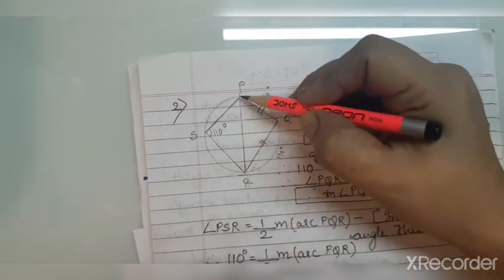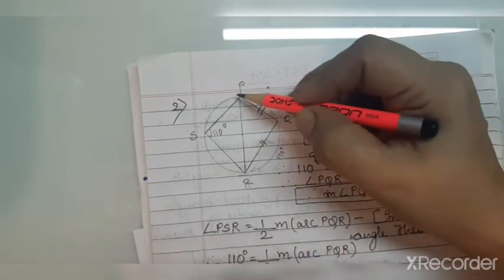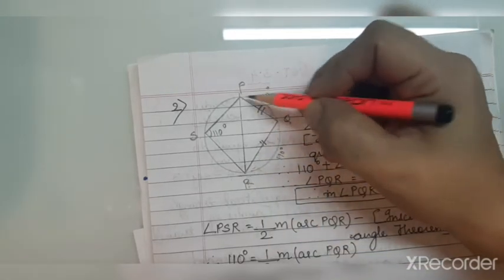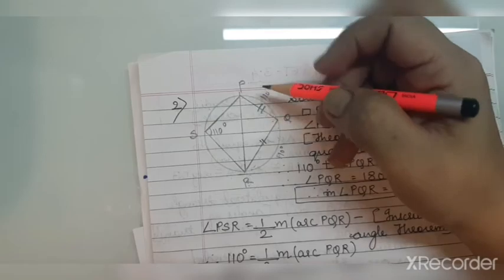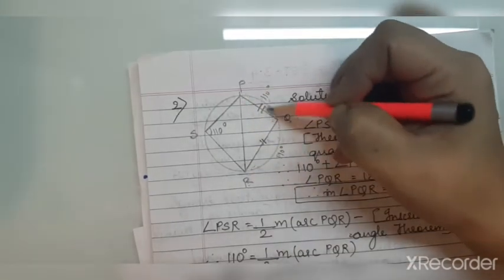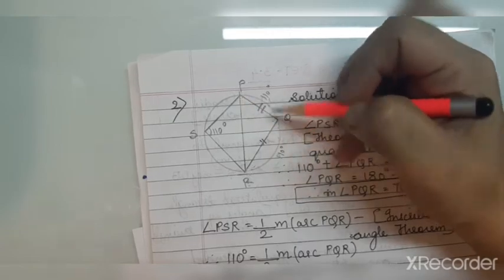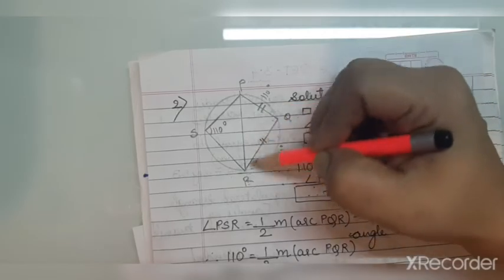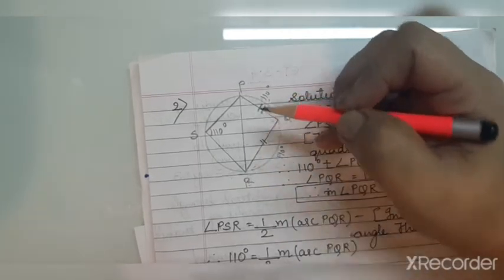Now if we want measure angle PRQ, measure angle PRQ is an inscribed angle and the intercepted arc is PQ. So according to the inscribed angle theorem, angle PRQ is half of measure arc PQ. We know PQ, so we can find PRQ. Clear? So angle PRQ will be half of this 110.